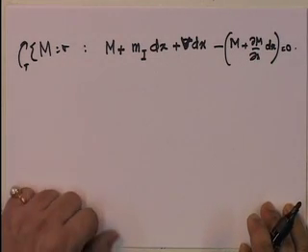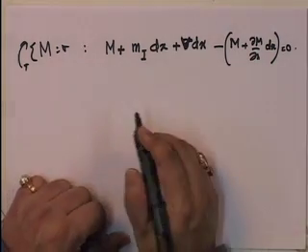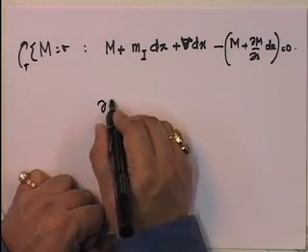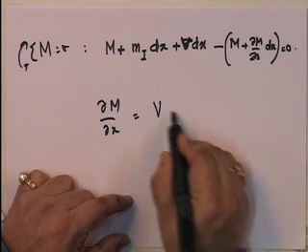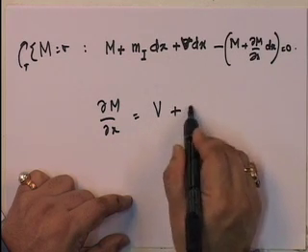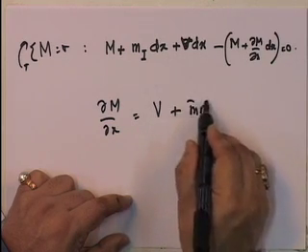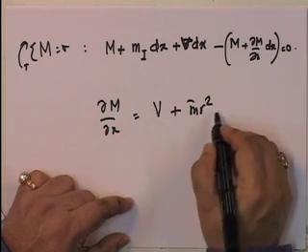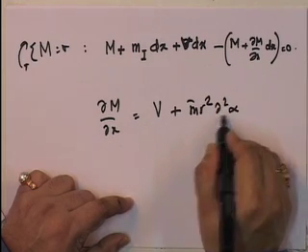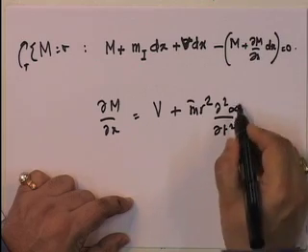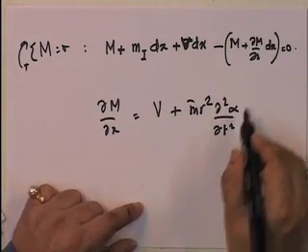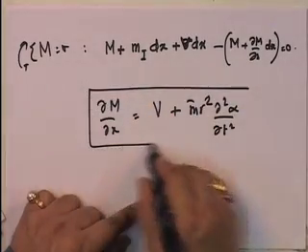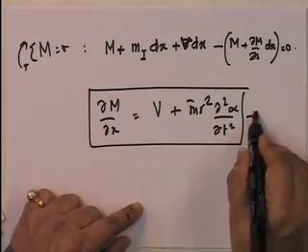This is my equation, and so if I rewrite this, what I get is dm by dx is equal to v plus m bar r squared into del squared alpha by del t squared. This is the angular acceleration. So, this is my first equation.